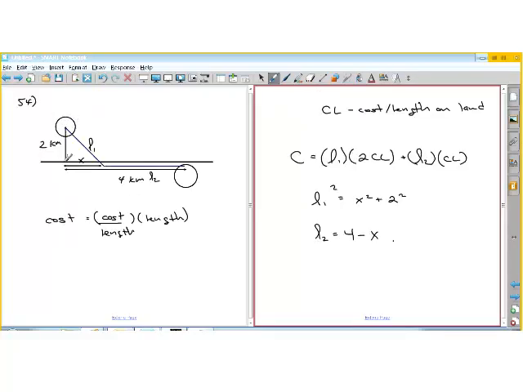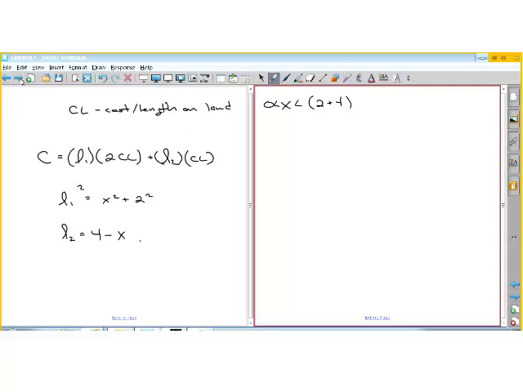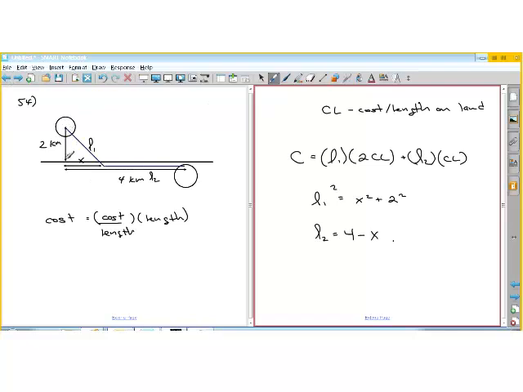Why is that? Because if we went here 2 and then we went there 4, that would be 6. Oh, sorry. Nope, that's not true. X just has to be less than 4. Because if we went straight here, x would be 0, and that would be 4. If we went straight this way, x would be 4, and this part would be 0.